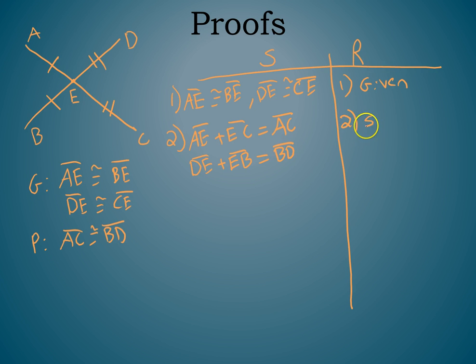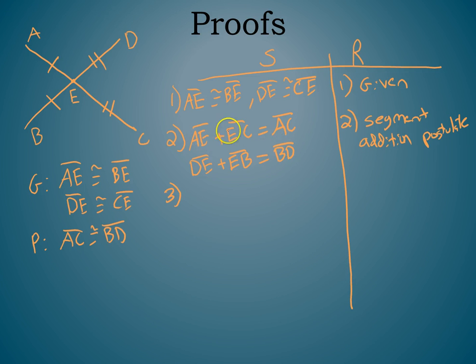That's our segment addition postulate. Now we've brought AC and BD into the problem, we need to find some way to get them to be equal to each other.